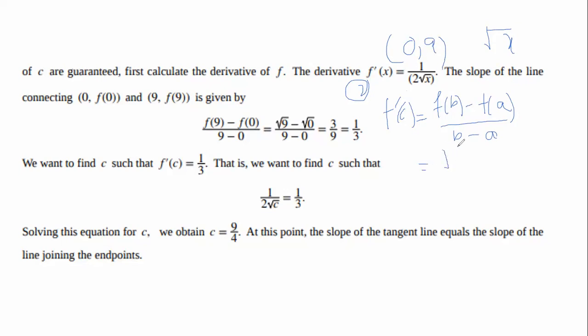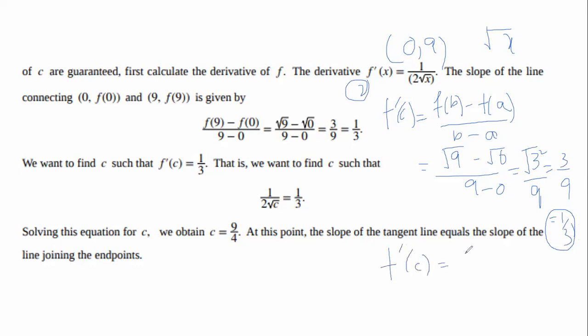So it is under root 9 minus under root 0, divided by 9 minus 0. So 9 is 3 square, so it will be 3 minus 0 divided by 9. So it will be 3 divided by 9, which equals 1 upon 3. This means that f'(c) equals 1 upon 3.